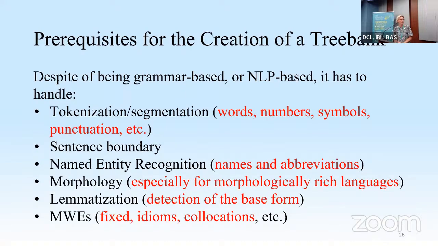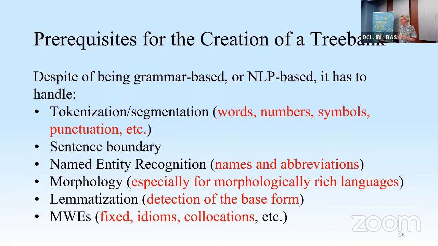So the prerequisites are related to what I said. It would be nice to have these modules already available for a language. Of course, nowadays with the big, large, huge language models and techniques like zero shot and few shot and much work done within similar languages, maybe it's not that crucial, right?